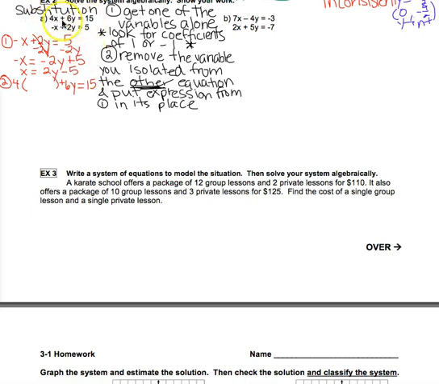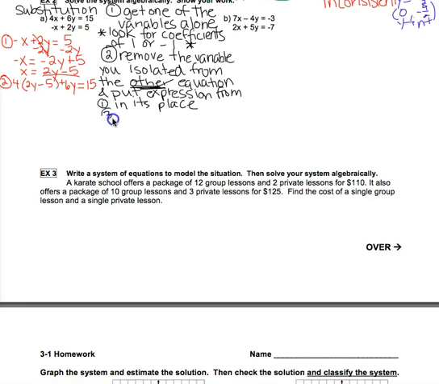So everything about this is the same except I removed the x. In its place, I'm going to put the expression from step 1, which would be this guy right here, 2y minus 5. Now what we've done is we have created a one variable equation that we should be able to solve.